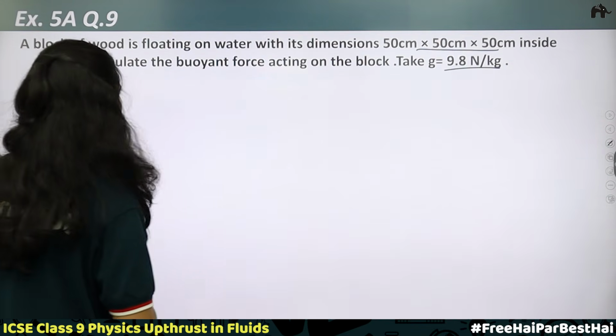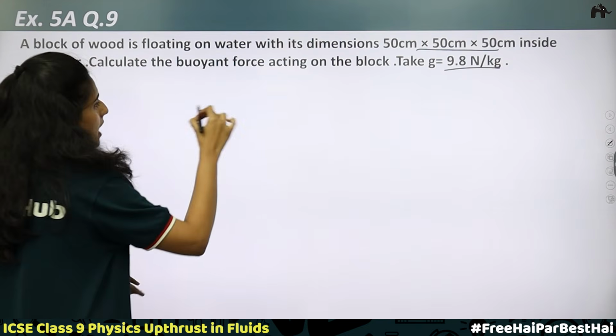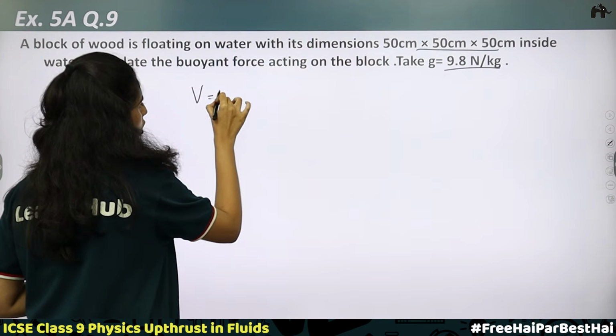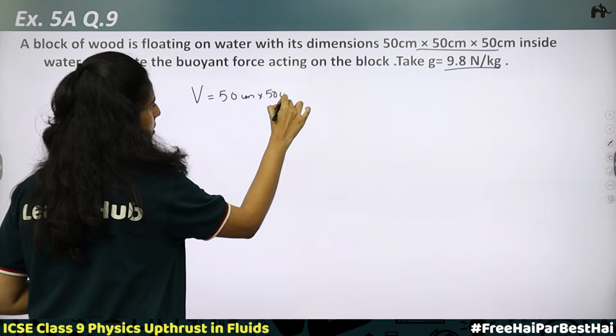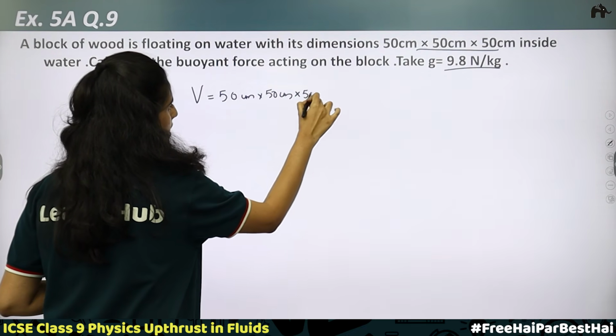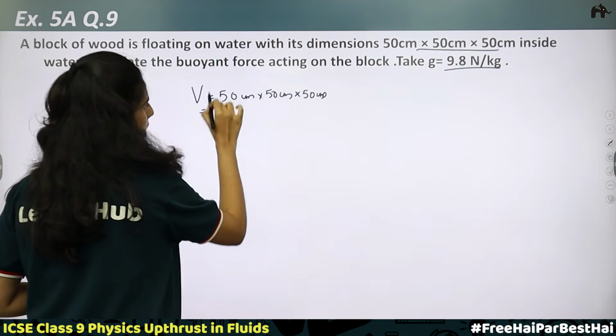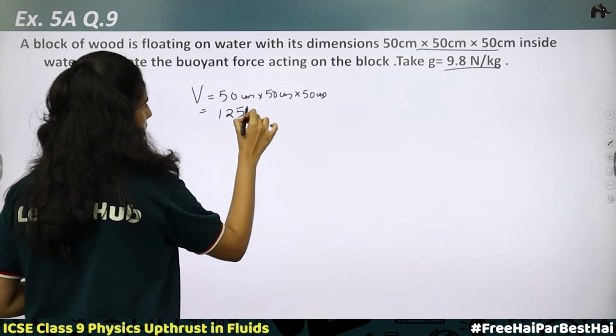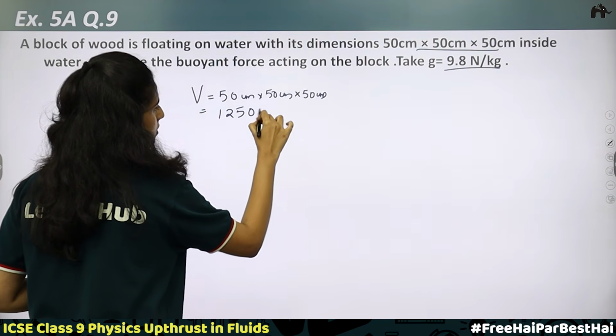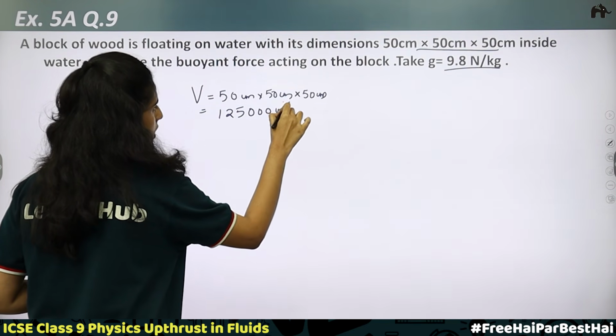Here we are given the dimensions. From dimensions we can find volume. 50 centimeters into 50 centimeters into 50 centimeters. 5 into 5, 25, 25 into 5, 125. Then 3 zeros, centimeter cube.